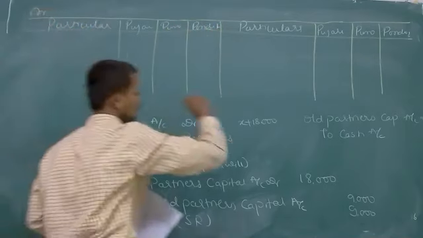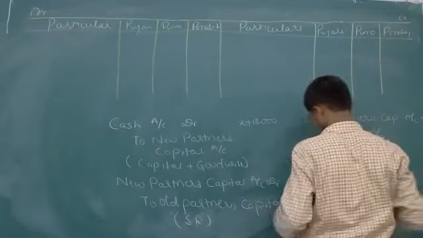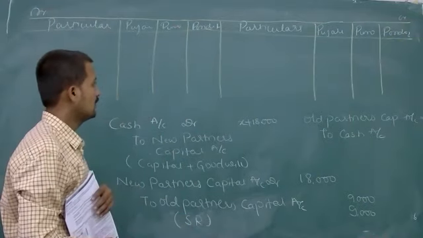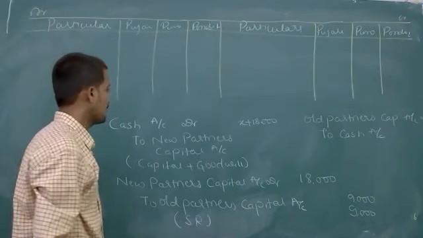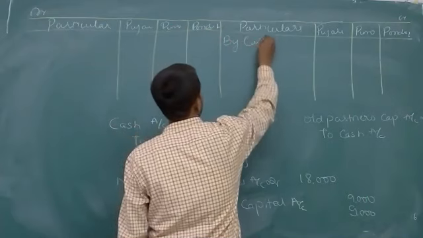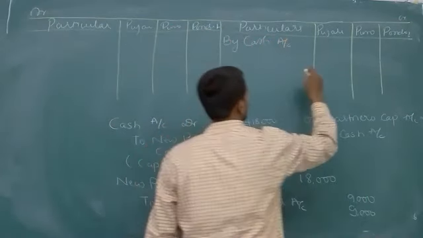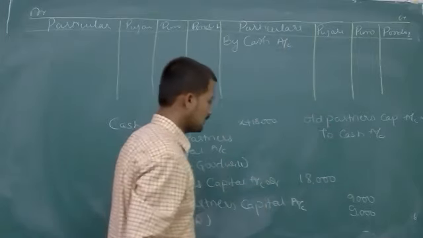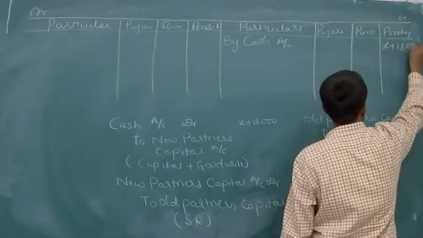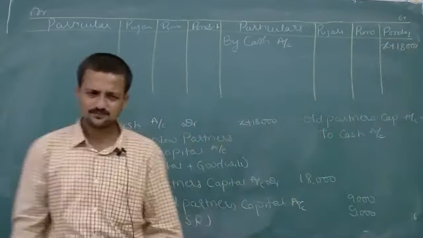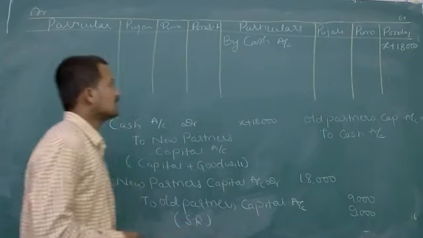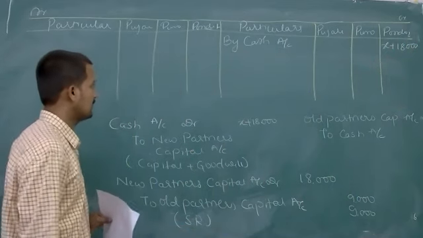This is debit, and this is credit. First, when the goodwill is brought in cash, I will write by cash account. In the Pandit column, it will be X plus 18,000. I have not seen the capital amount, otherwise I would have added it.